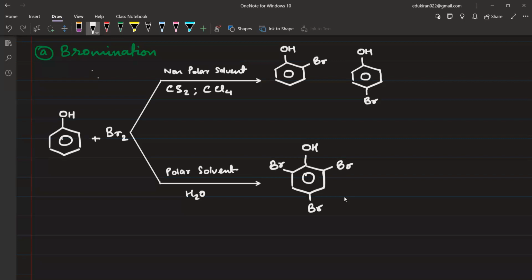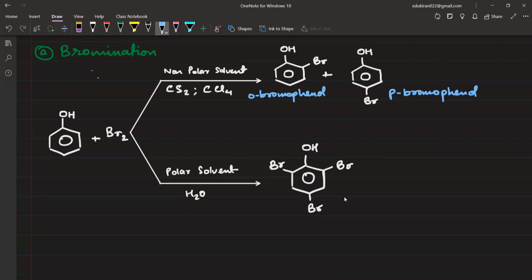So we get two different products. Now here, what products are we getting? We are getting o-bromophenol, right? This is o-bromophenol, and this is p-bromophenol. And what is this?